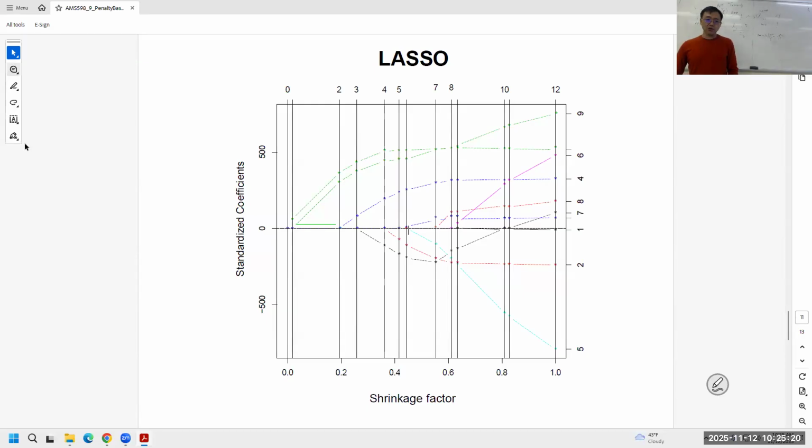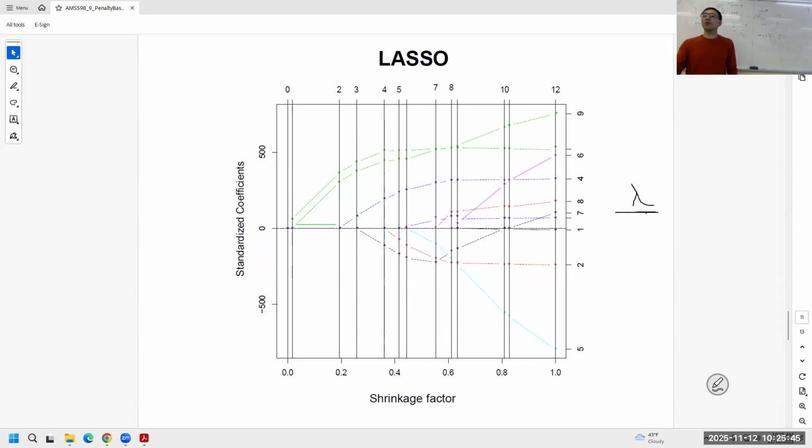This comes to another question: what is this lambda, and how do you determine it? Different lambda gives you different beta estimation, so beta is closely related to lambda. If your lambda is very large, which means a lot of shrinking, every coefficient can become zero.